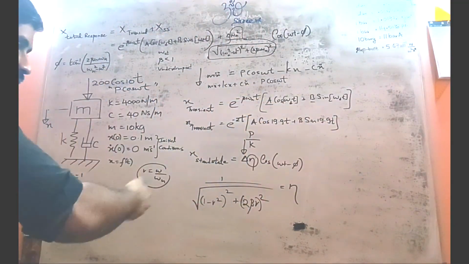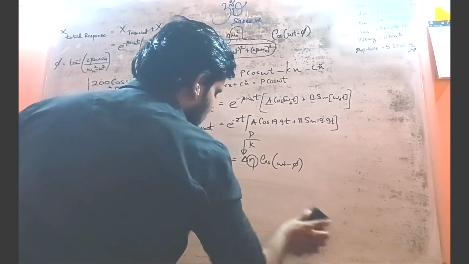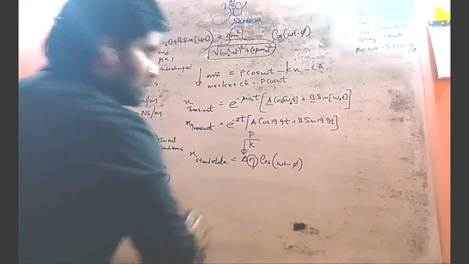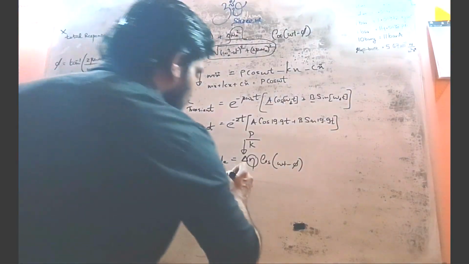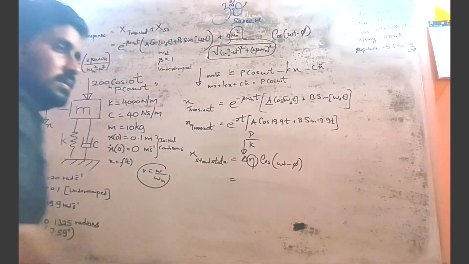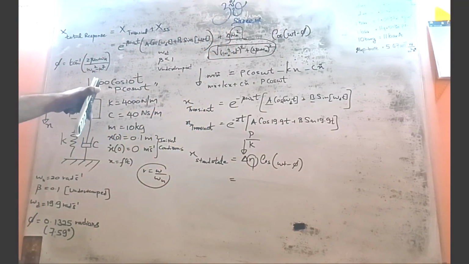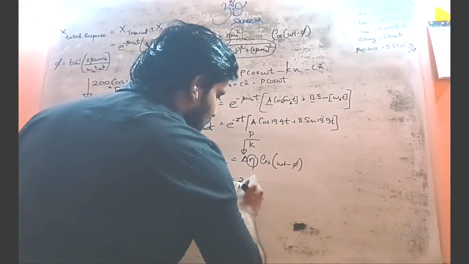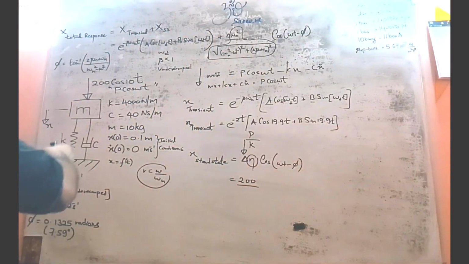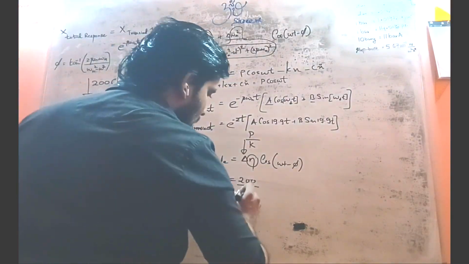Then we'll again focus on this steady state response. Now what is the static deflection? What is the magnitude of this excitation force? That is 200. What is the spring constant value? 4000.